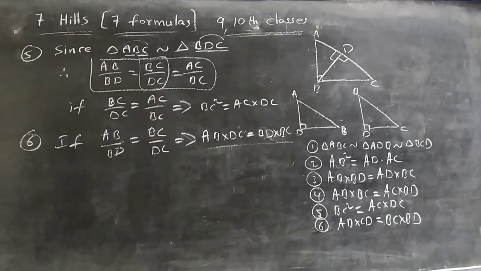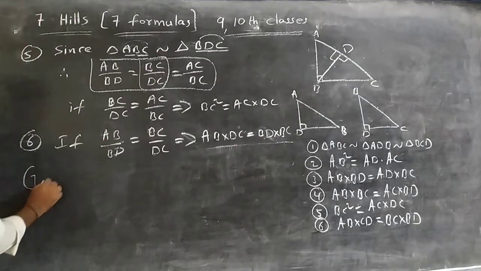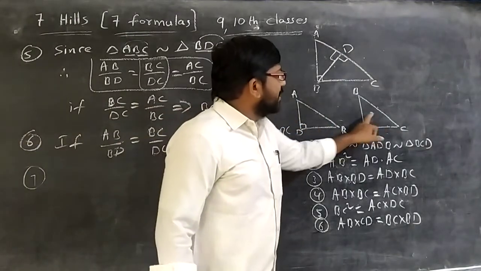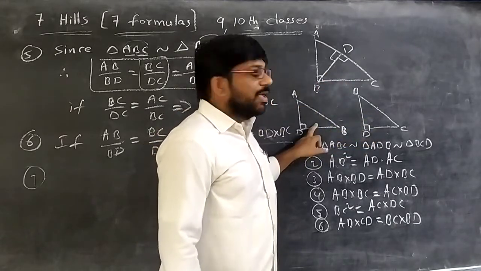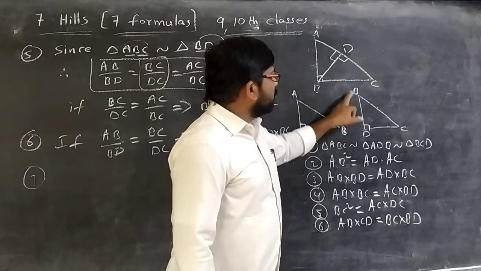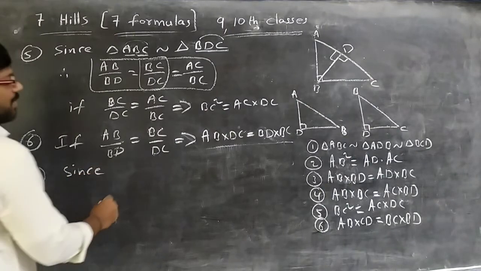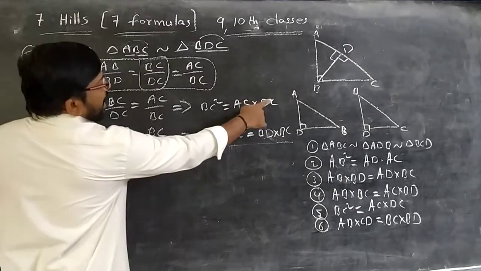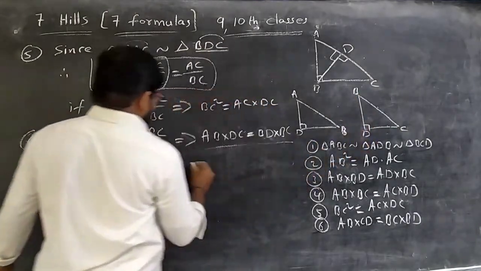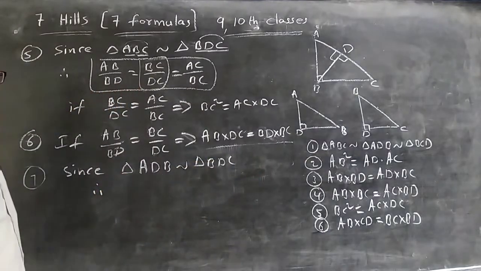The last is the seventh one. By taking these two triangles as similar, since triangle ADB is similar to BDC, therefore corresponding sides are in proportion.